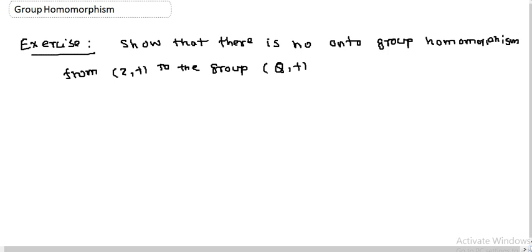So check whether there exists an onto homomorphism. Q means the collection of all rational numbers, so Q plus is a group, but is it a cyclic group or not? Find that out, and from there conclude that there is no onto homomorphism from the group Z to the group Q plus. So basically we can achieve all these results from these applications.